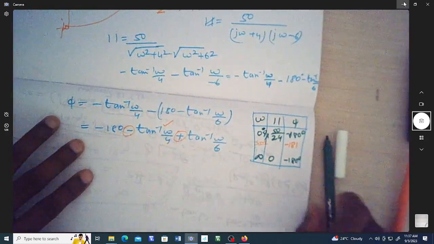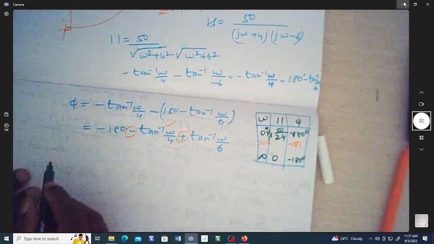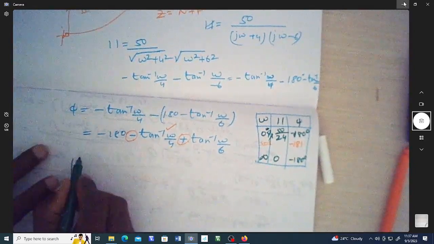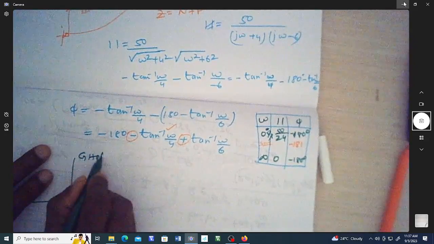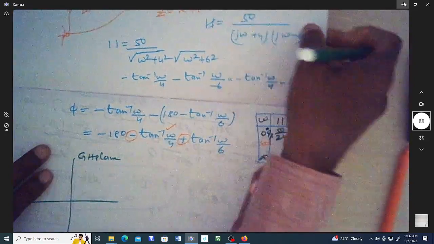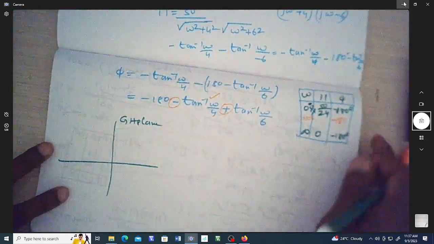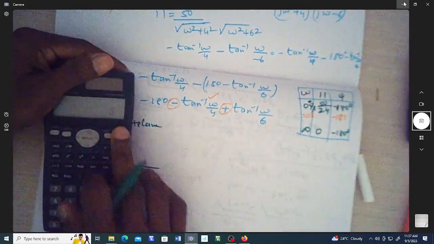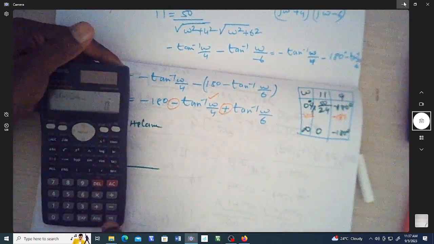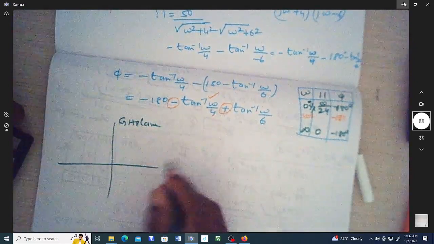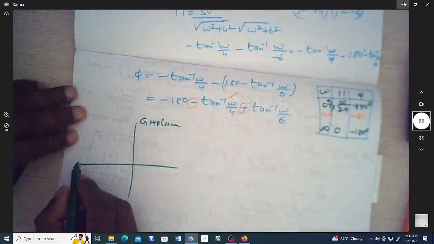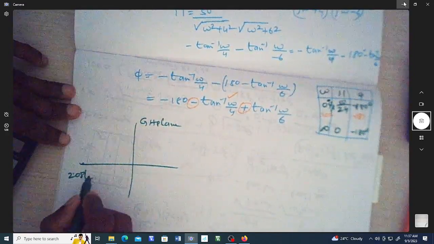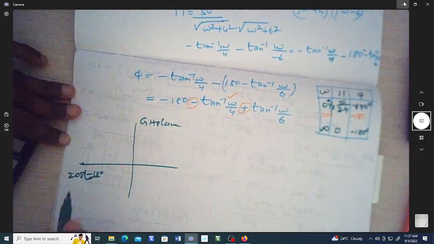Suppose I want to write the GH plane, in the GH plane I should plot this one. Now 50 by 24 is 2.08, and the magnitude is 2.08 at an angle minus 180, it is this point.